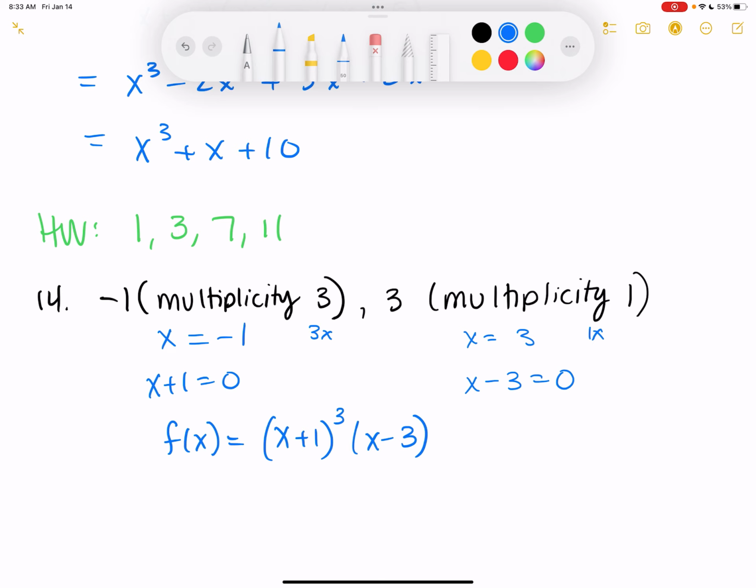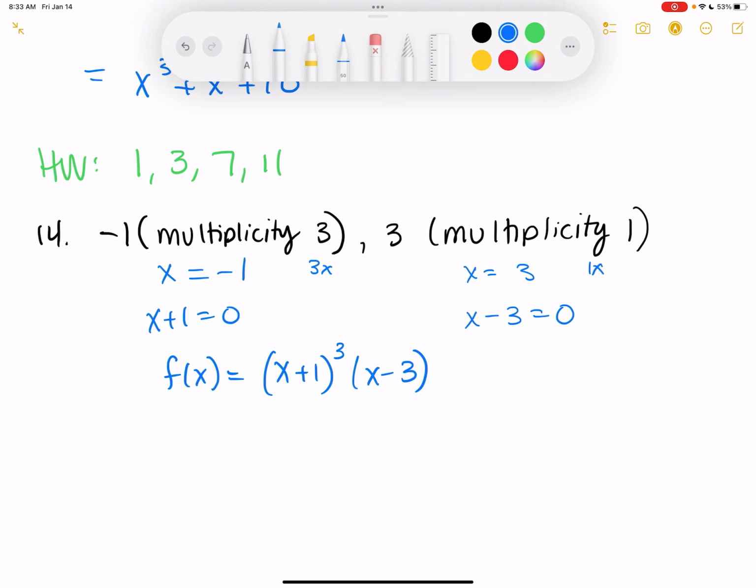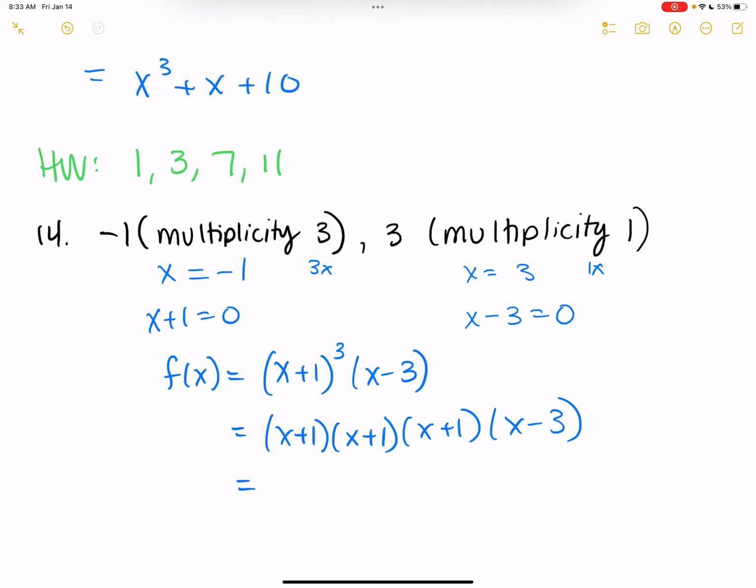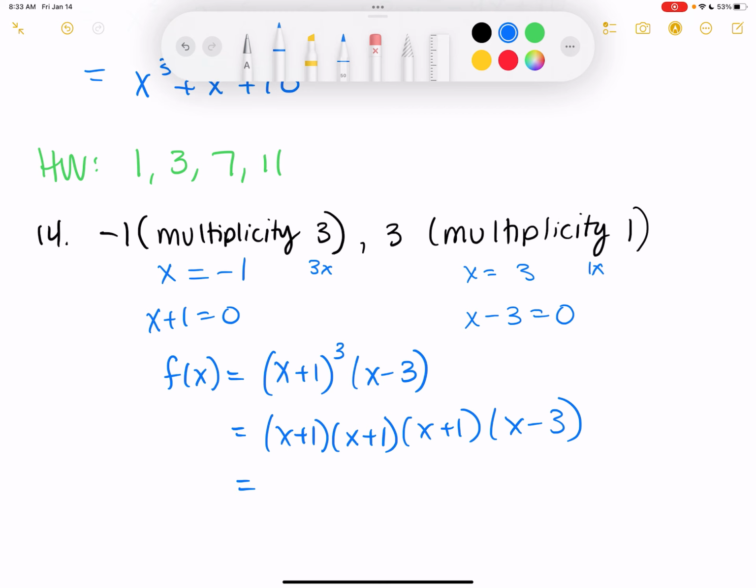And then we've actually got to multiply it out. So x plus 1 times x plus 1 times x plus 1 times x minus 3. I typically will FOIL the first 2 and then FOIL the next 2, and then I'll super FOIL the whole thing, because it makes your life a little bit easier. So what did the first 2 FOIL into? x squared plus 2x plus 1.